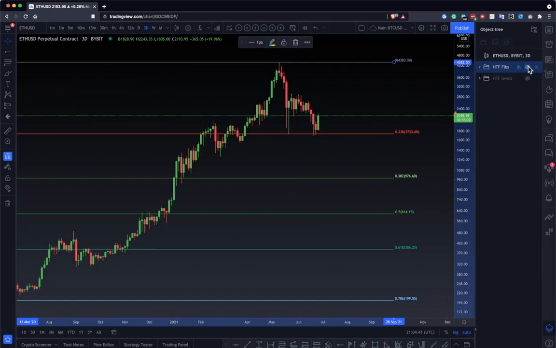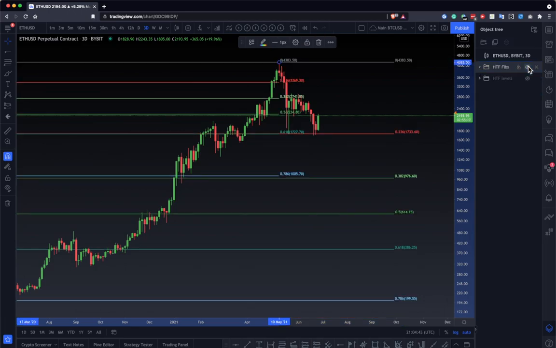So these are our high time frame fibs. Amazing.